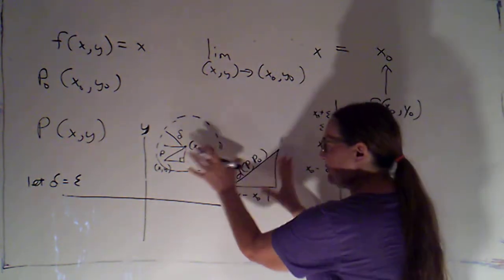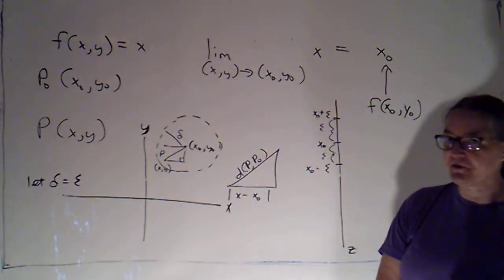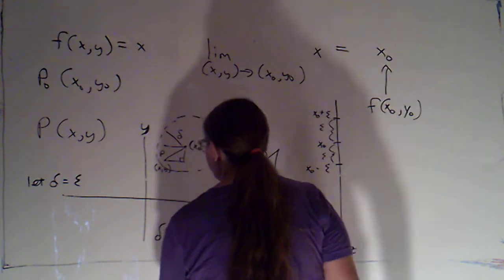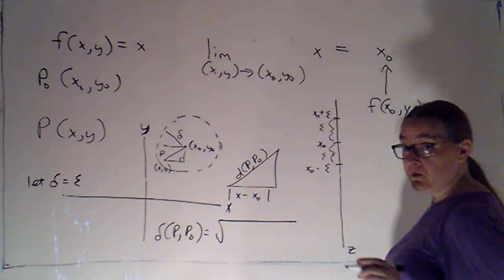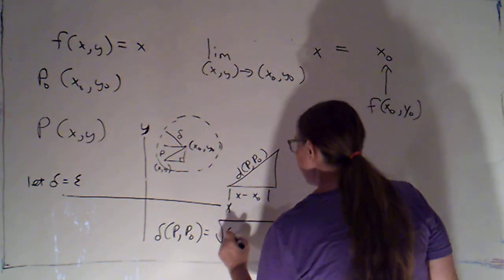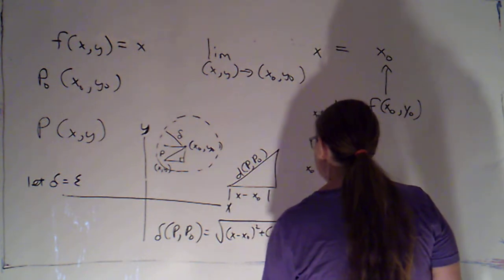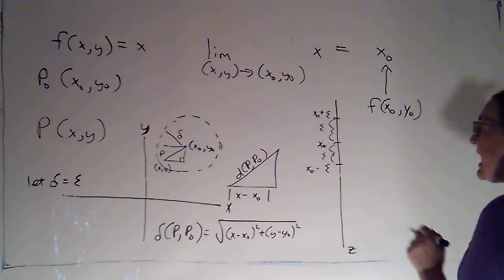Now, I'm drawing a lot of pictures here and considering a lot of cases. That's not actually a full formal proof, but I can write out algebraically. The distance between P and P naught would be the square root of x minus x naught squared plus y minus y naught squared. Okay.